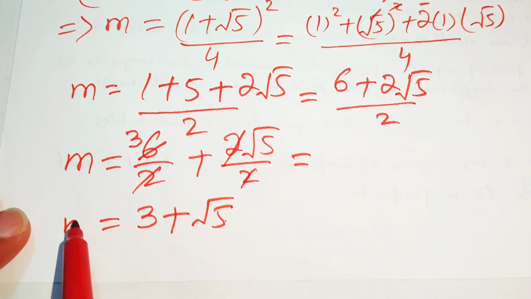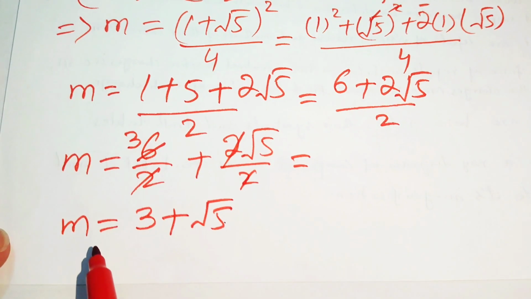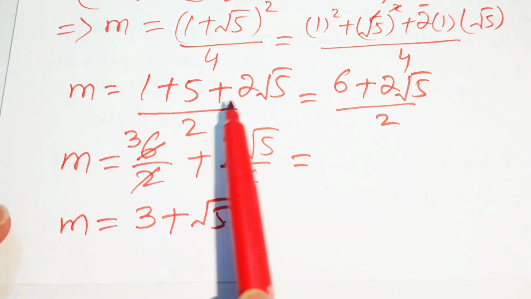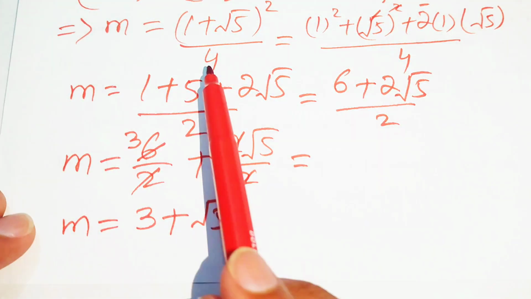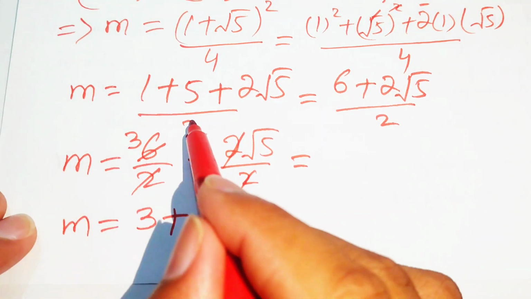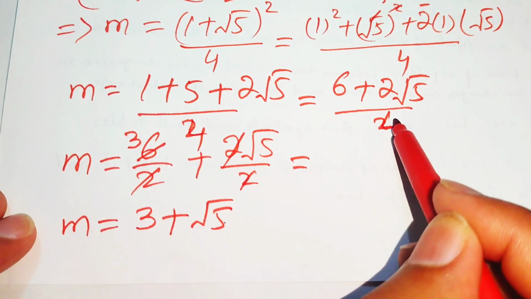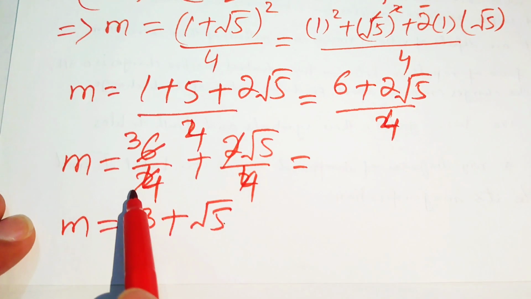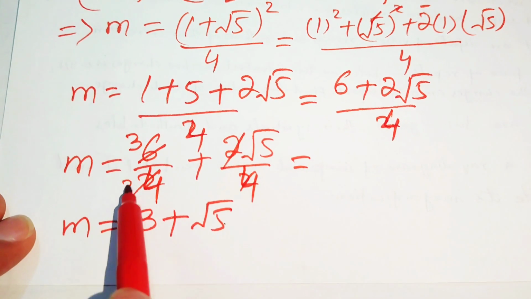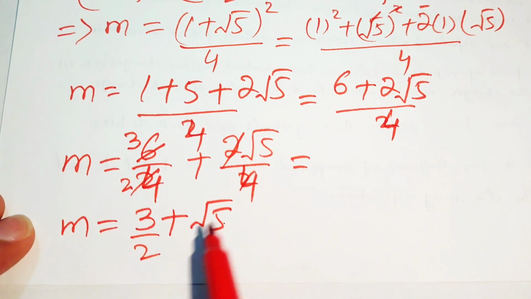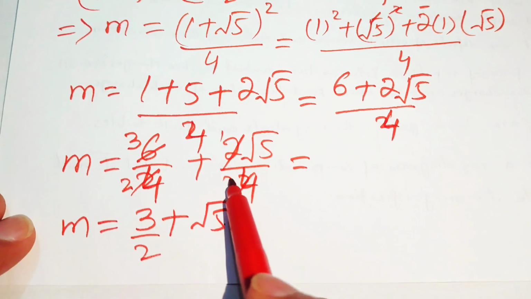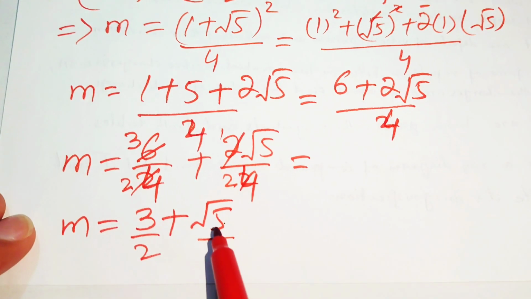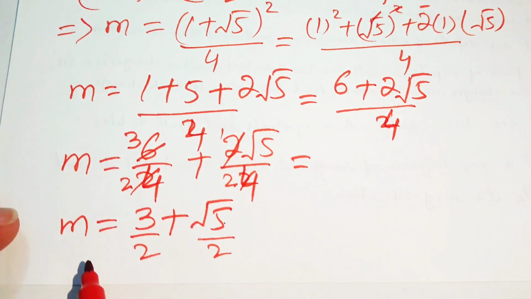Sorry, here we have a little mistake. This is over 4. In the denominator we have 4, so we write it here, and when we cancel these terms, 2 threes are 6 and 2 twos are 4, and we get 3 over 2, and similarly 2 ones are 2 and 2 twos are 4, and we get square root of 5 over 2.